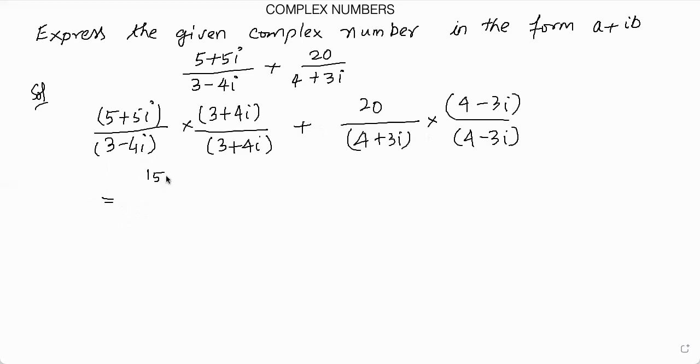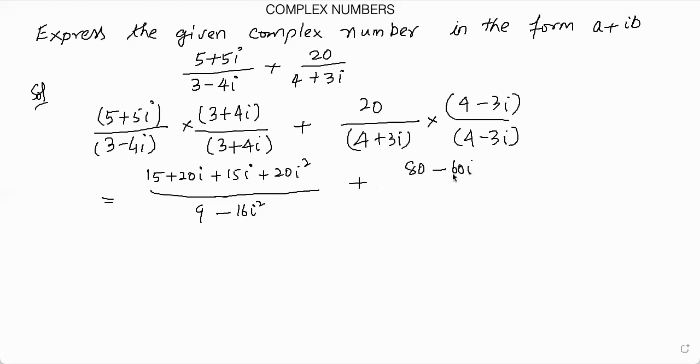So this is 15 plus 20i plus 15i plus 20i square. In the denominator, this is a minus b and a plus b, so this is 9 minus 16i square, plus this will be 80 minus 60i by 16 minus 9i square.